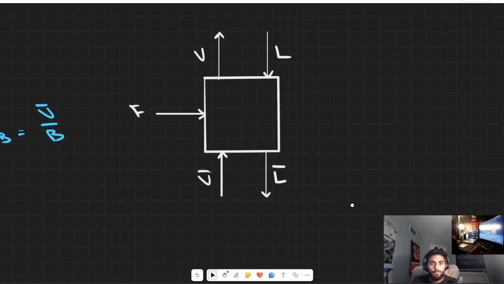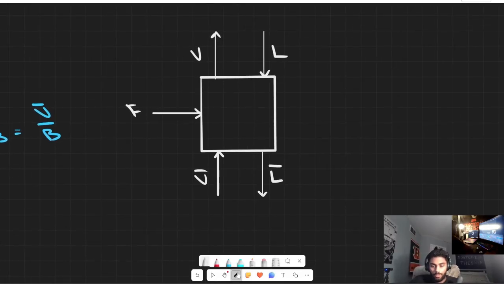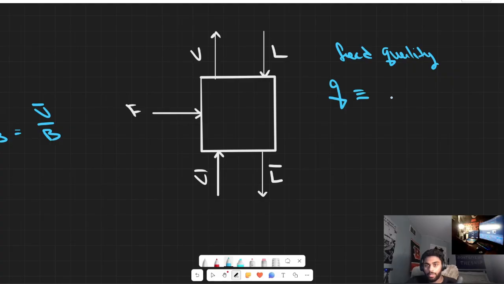So a feature of our feed is something we call Q. And Q is our feed quality. Q is directly related to our liquid fraction.